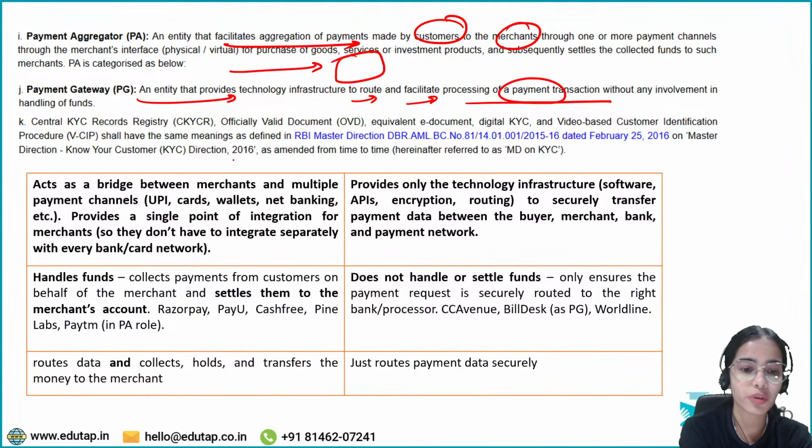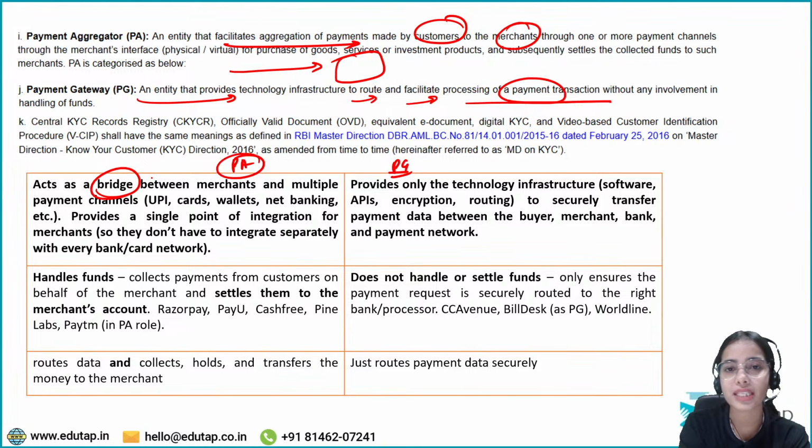So the basic difference between payment aggregator and payment gateway is that the payment aggregator works as a bridge between the merchant and customers. They work as an intermediary, taking the funds from the customers and settling the funds to the merchants. They act as a bridge and provide the merchants with multiple payment channels that can be used for customer payments.